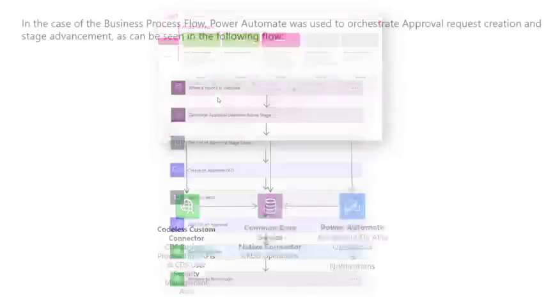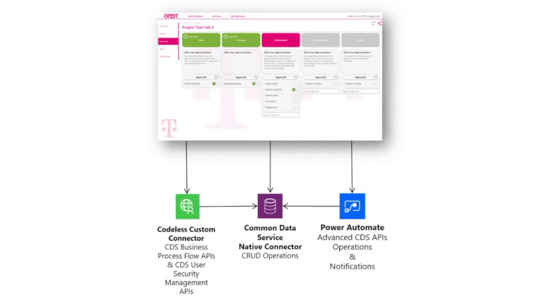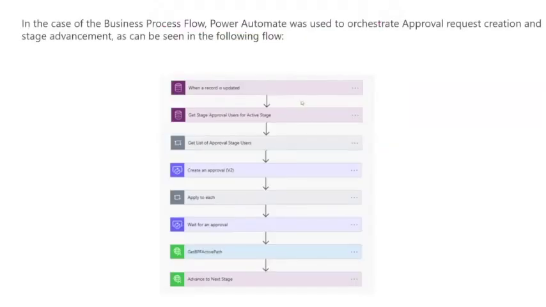So approval in that case could be used for such an operation. In this particular case, you could imagine this is a very summarized version of the actual very complex flow that was used. But the idea is that here, we moved on to another stage. We get all of the users that are linked to a particular stage. We create an approval for that stage. We wait for that approval to finish. We go ahead and actually get the active path, or all of the active stages that are out there, and we can move on to the next stage.